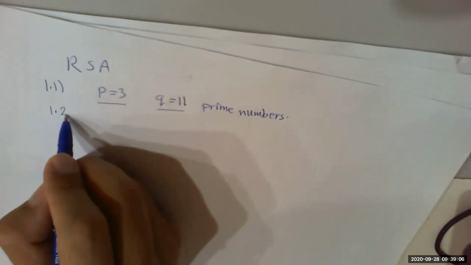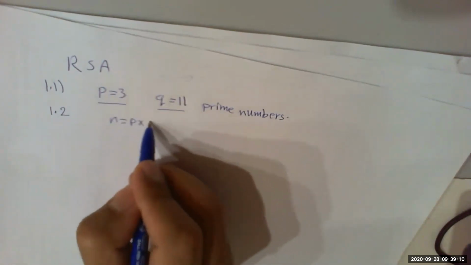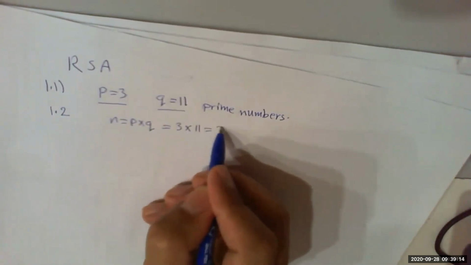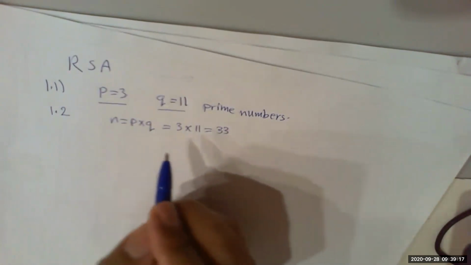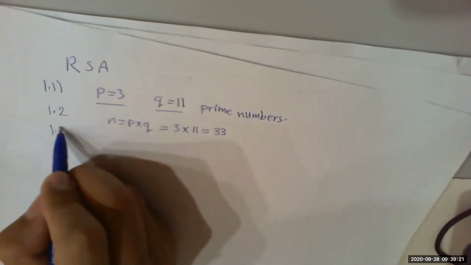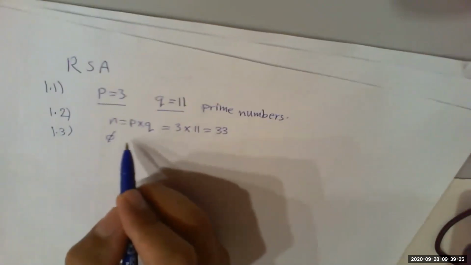The second step is to calculate n. N equals P multiplied by Q, 3 by 11 equals 33. This is n. Okay. With this n, we calculate the totient. I told you about the totient.